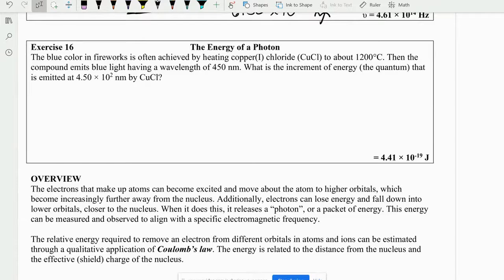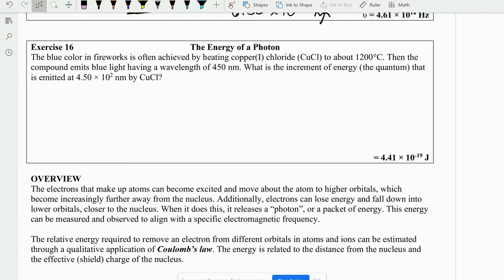Let's do one that's a little bit more challenging. We have a blue color, it's exercise 16. The blue color in fireworks is achieved by heating copper 1 chloride to about 1200 degrees Celsius. Then the compound emits a blue light having a wavelength of 450 nanometers. What's the increment of energy that is emitted at 4.50 times 10 to the 2 nanometers of copper chloride?